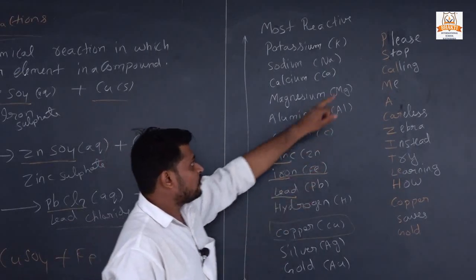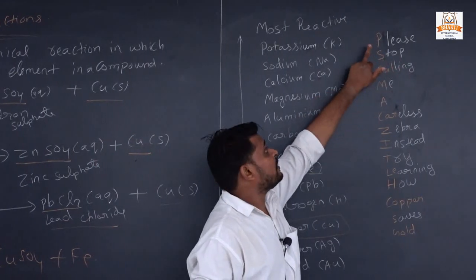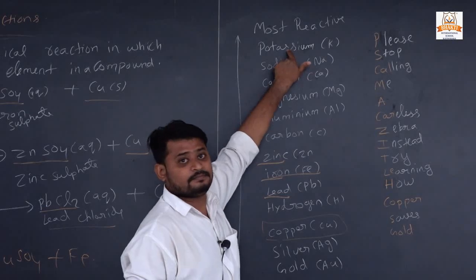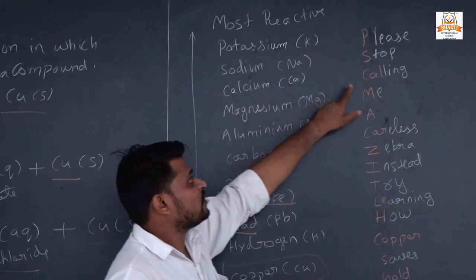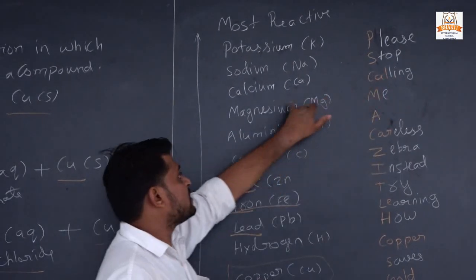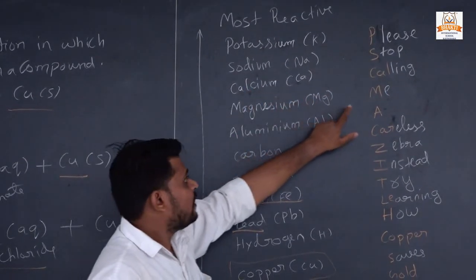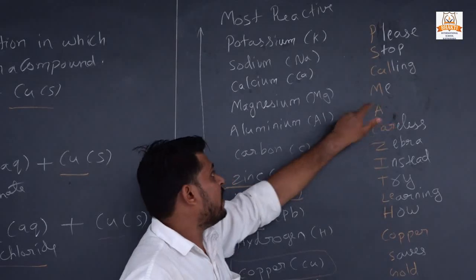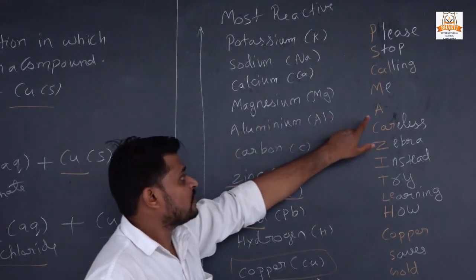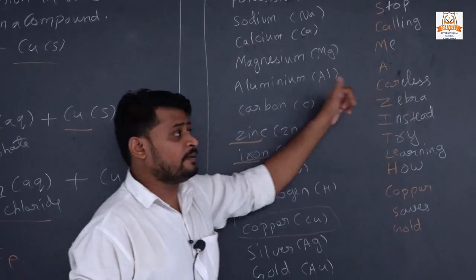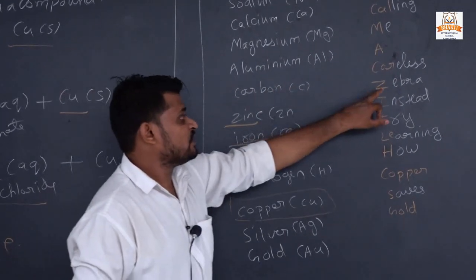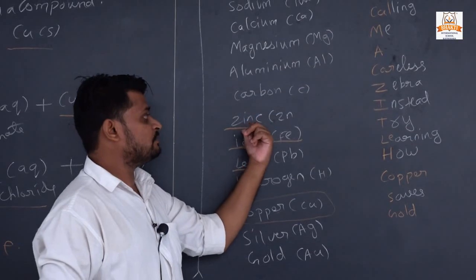How? See here. In Please, P represents potassium. Stop, S represents sodium. Calling, Ca represents calcium. M, in Me, M represents magnesium. A represents aluminium. Car represents carbon. Z represents zinc.